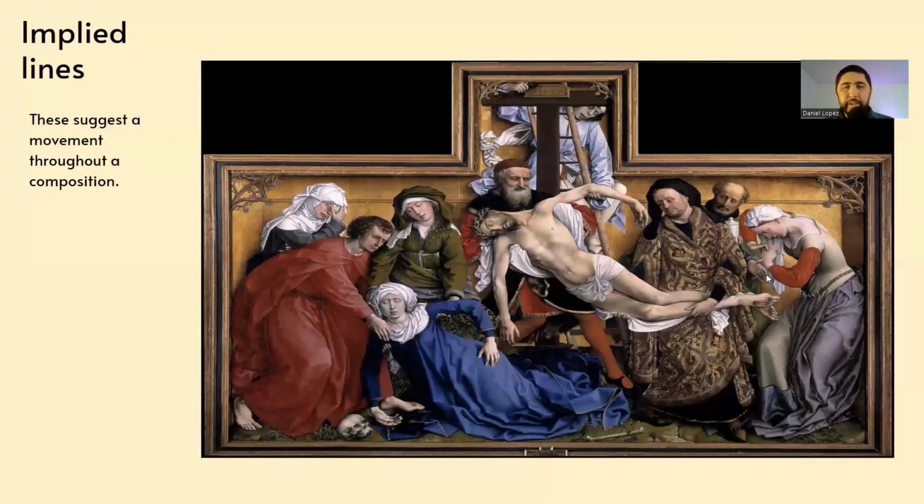All right. So implied lines. Implied lines are similar in a sense to phantom lines in that they don't actually exist. But what implied lines are is the suggestion of lines. So we're not talking about physical lines that exist. We're talking about suggestions or movement.